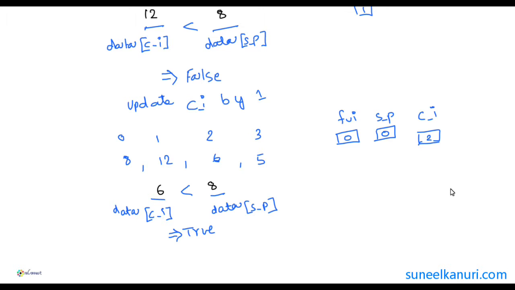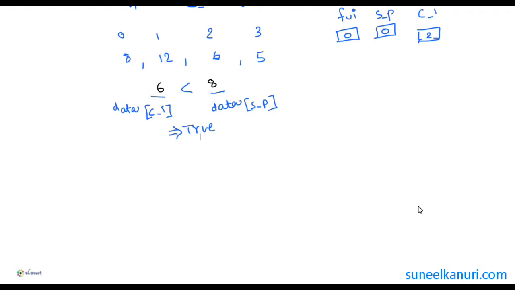which basically means we would update our assumed smallest position. So update our assumed smallest position to be equal to wherever the current index is pointing to, which is basically 2.